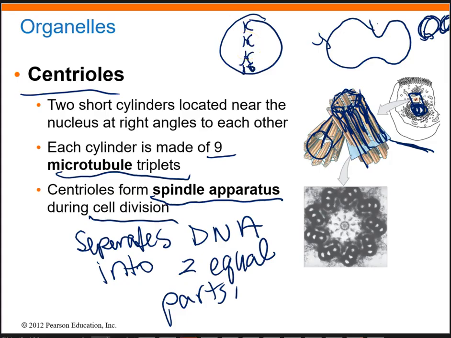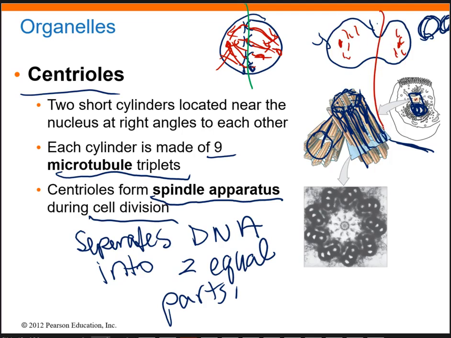What the spindle apparatus does is the centrioles attach these spindles to the DNA, and the DNA splits down the middle. Then the centrioles pull their copy of DNA over to each side. So what you end up with is your centriole with one set of DNA, and then your centriole with the other set of DNA.